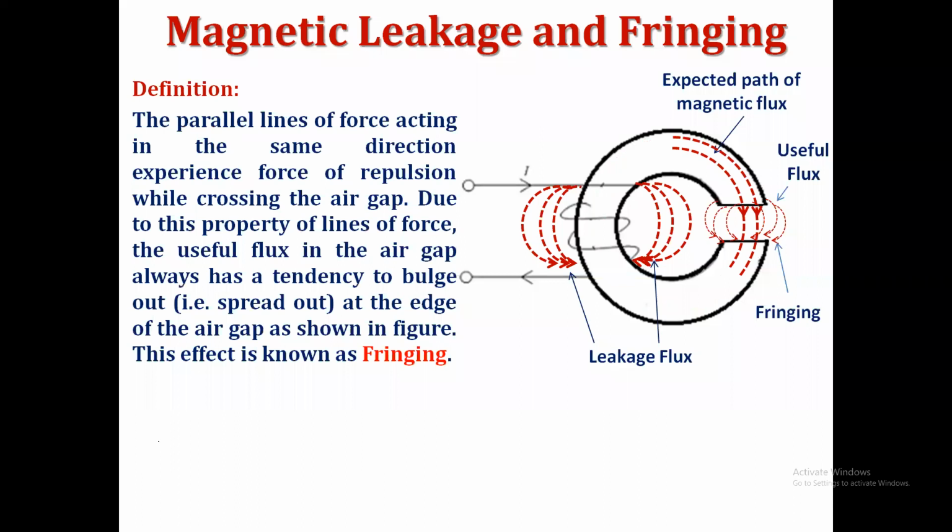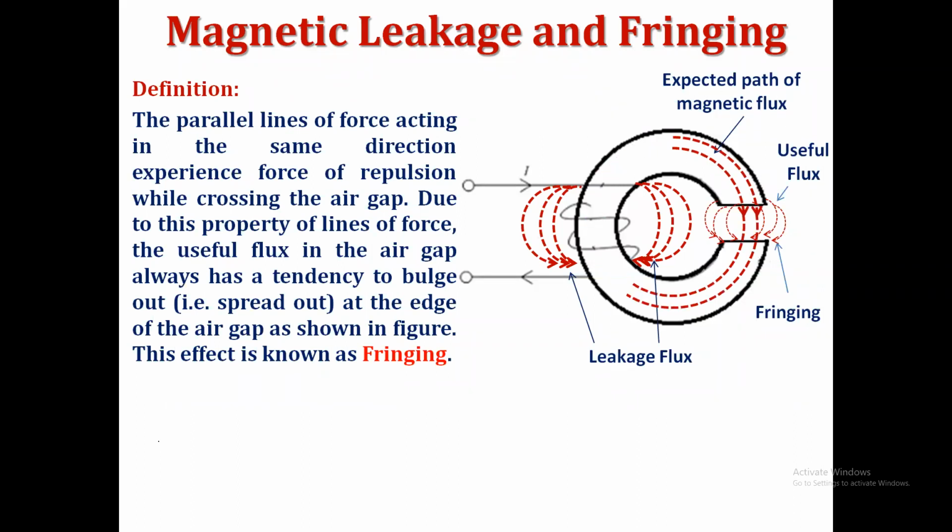Now try to read it. What is meant by magnetic fringing? The parallel lines of force acting in the same direction experience a force of repulsion while crossing the air gap. Due to this property of lines of force, the useful flux in the air gap always has a tendency to bulge out, to spread out at the edge of the air gap, as shown in the figure.